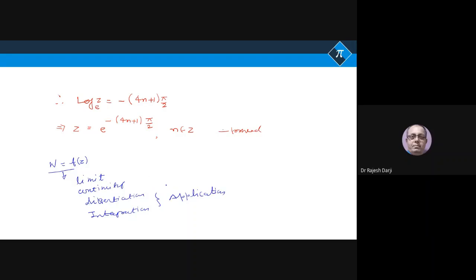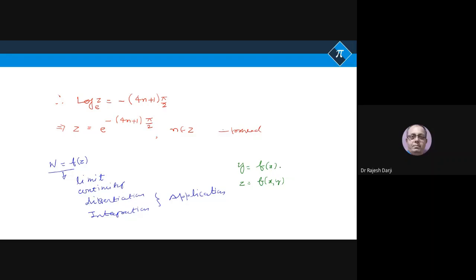The same thing you have studied for one variable, the function of one variable f of x. Then you studied functions of more than one variable, so 2 variables, 3 variables.